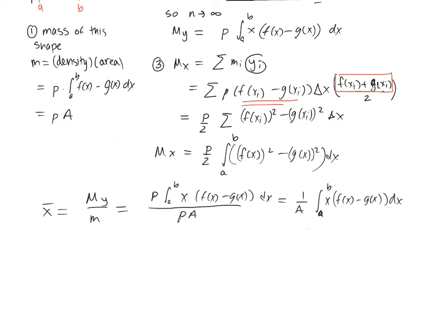Can you see the same thing's going to happen with y bar? So y bar is going to be mx over m. So that will be a half, 1 over area, integral a to b f of x squared minus g of x squared. We're going to have to memorize these formulas.